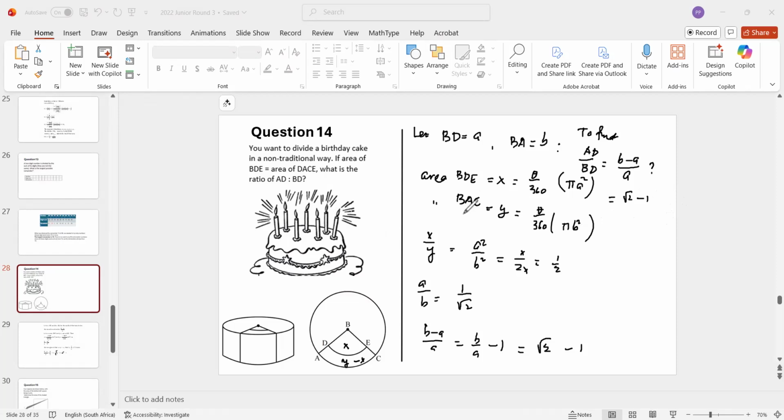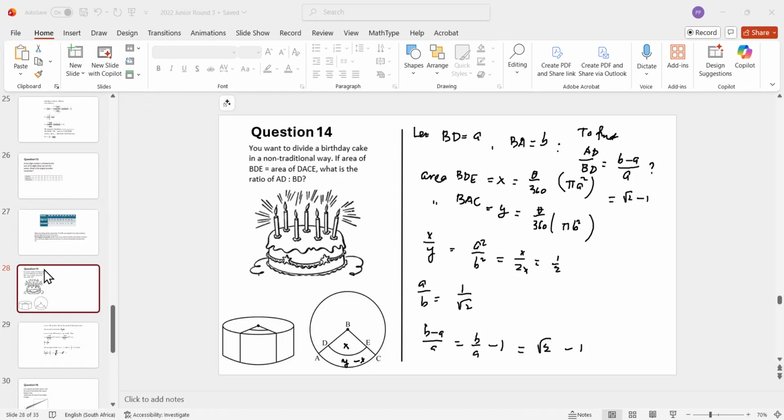Okay, so the lesson from here is that using symbols, you can do a lot of algebra, but just remember, you have to keep track of what your symbols mean. That's the most important thing. X was the area of that, and Y was the area of that. So that is why we could create some equations.